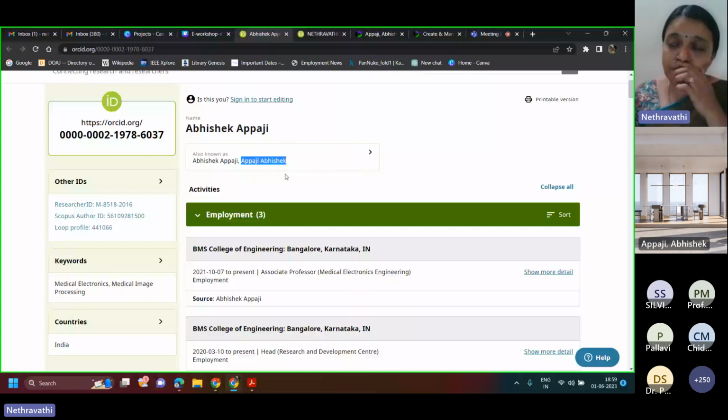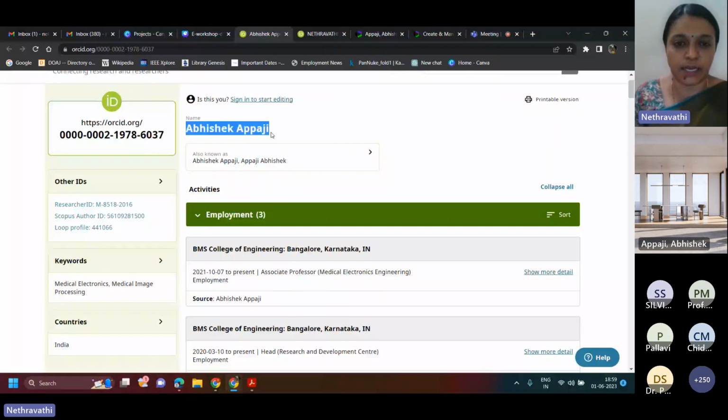When you enter your name in a journal or a conference, sometimes it will vary. Just like Abhishek Appaji, in some papers it is Abhishek Appaji, in some it is Appaji Abhishek, or it could be A Abhishek, or Appaji A.